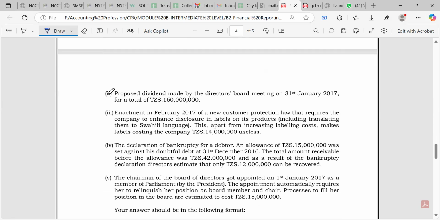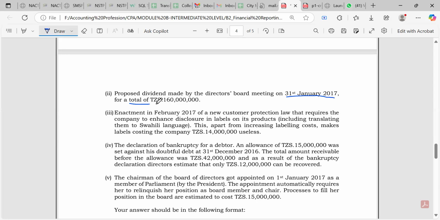Next, the proposed dividend made by the directors at the board meeting on 31st January 2017. You know, the period was between December 2016 and 31st March 2017, so this is also an event after the reporting period.